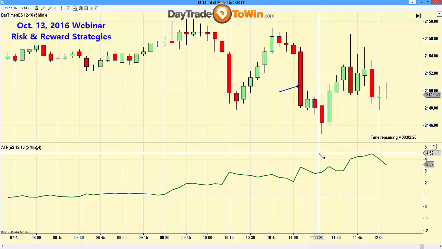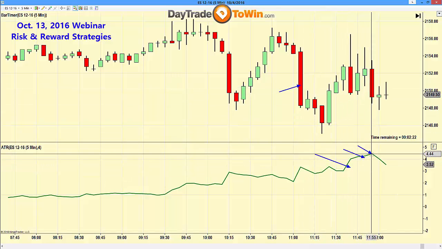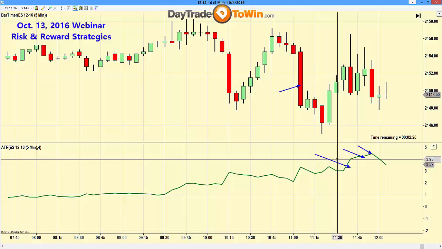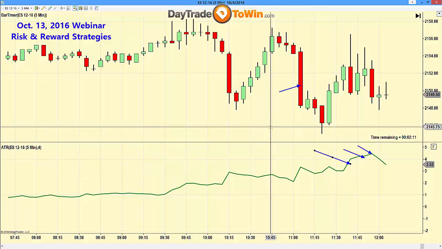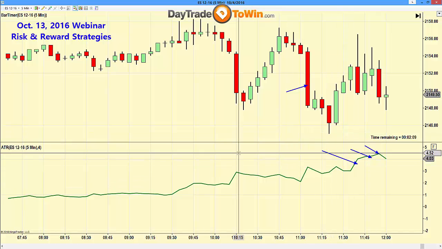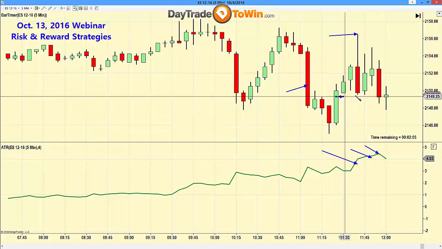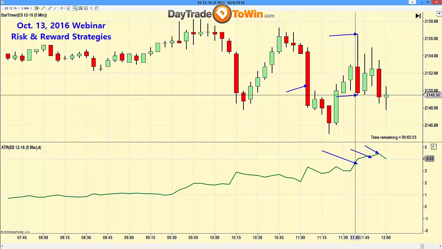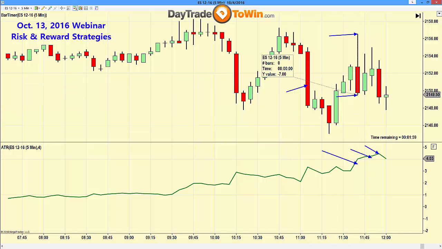But if I know that the movement in price is equal to 4, 5, 3 points, my stop, where I say the trade's not going to work, I need to get out of this losing trade, it really does have to be more than these current conditions.